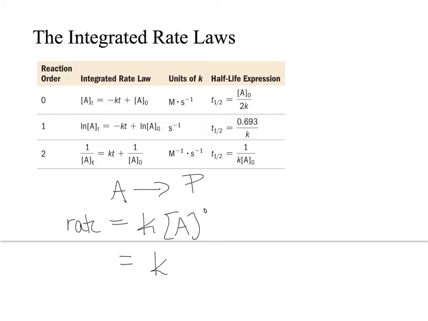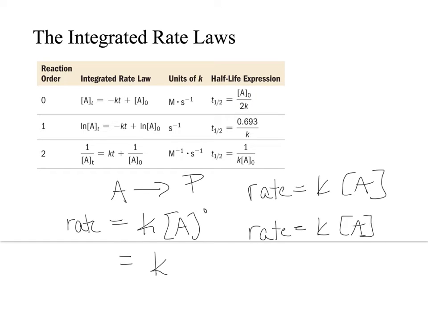We could have rate equal to k times A to the first power, if it's first order, or rate equal to k times A squared. All three of these rate laws are possible. And so we have to graph our experimental data to determine if something is 0, first, or second order.